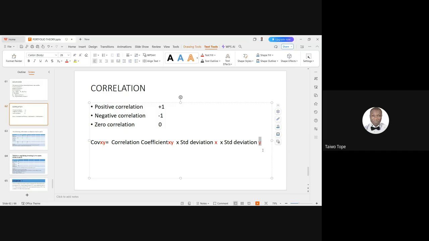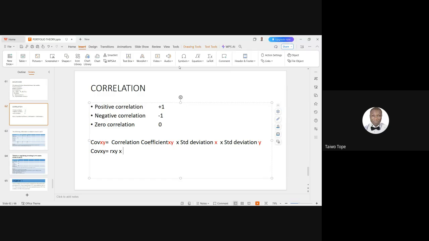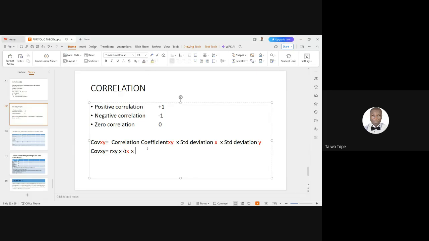Now, we can rewrite this in this form. Covariance of security X and Y is equal to the correlation coefficient, which can be put as RXY, multiplied by the standard deviation of X, using the symbol of standard deviation, multiplied by the standard deviation of Y. So you can reduce it to this form.